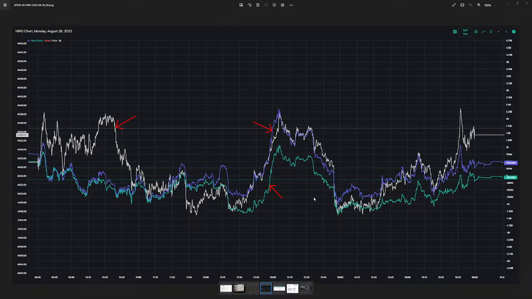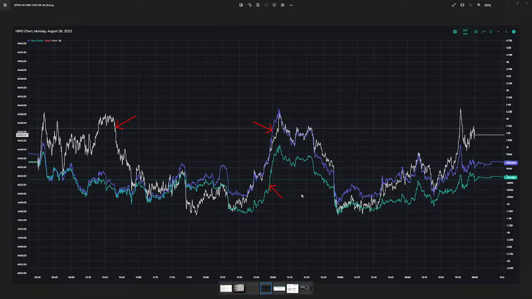And this is just pointing out, and SpotGamma has pointed this out recently in their founders notes, that this suppressing action with 0 DTE options traders buying the dips and selling the rips tends to subdue volatility. If you recall yesterday, both the S&P 500 and NASDAQ traded in a pretty narrow range.